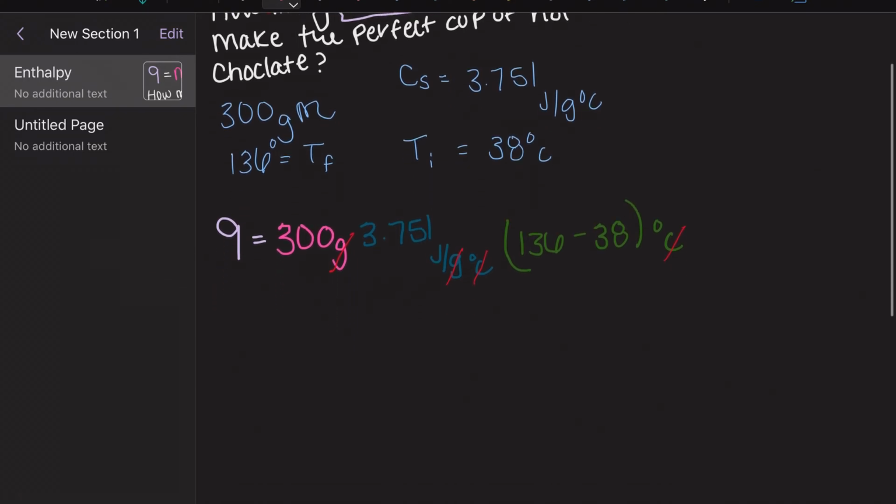So, let's do the math. This will all come out to equal 110,250 joules.